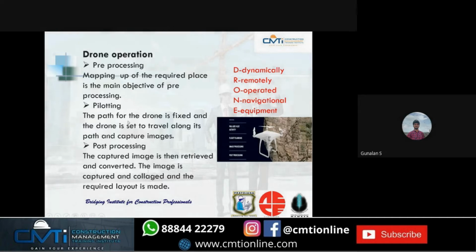Piloting is a job where we control the drone, move it along its path and capture images while it is flying. In post processing, the captured images are collaged and converted to the required asset, and the construction procedure then proceeds.